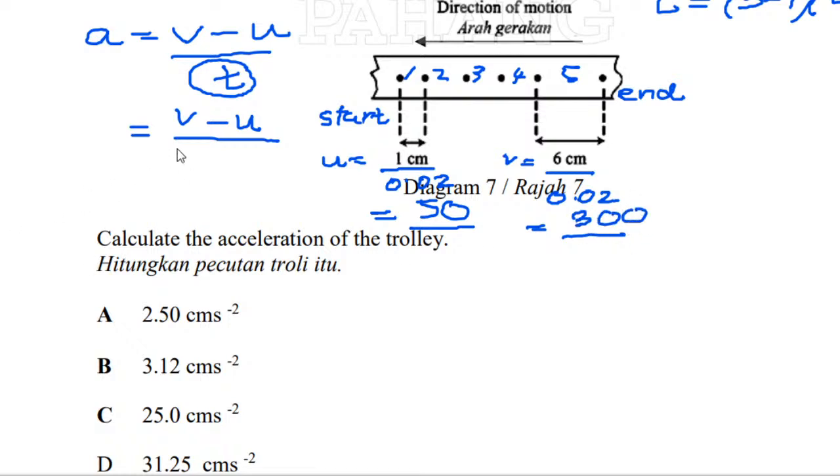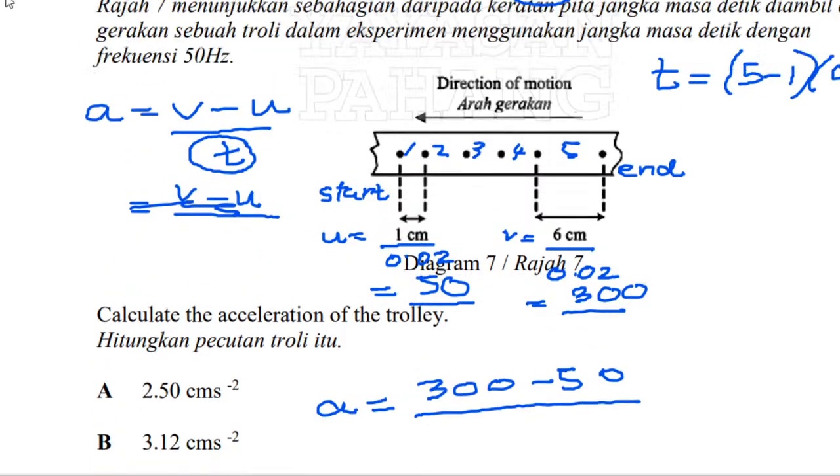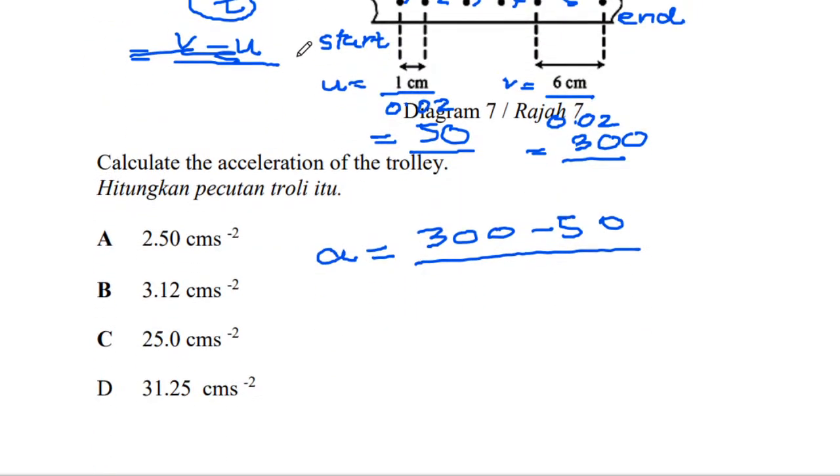Okay, I will erase this. So A equals 300 minus 50 divided by the time taken. The time taken will be 4 times 0.02, so here is 0.08.